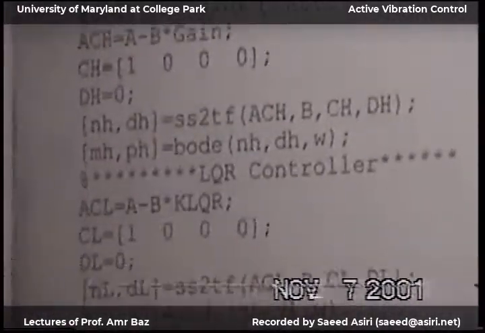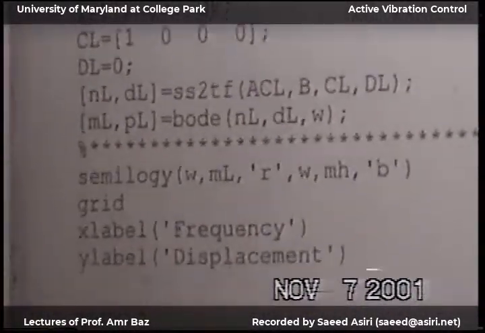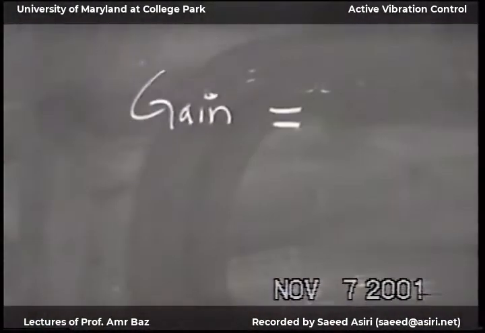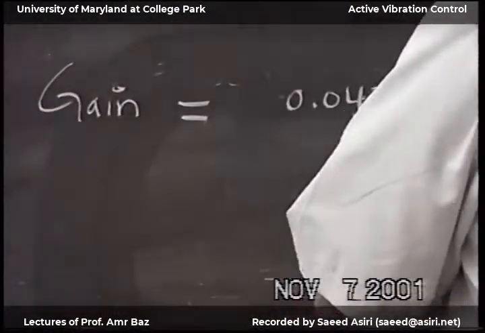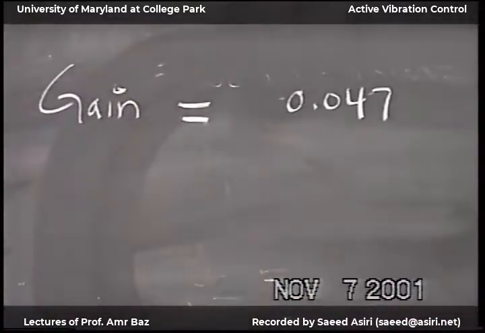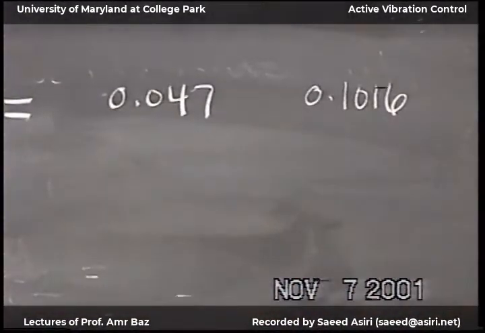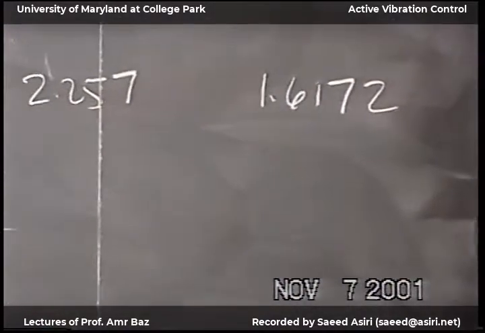Then the gain will be 0.047, 0.1016, 2.257, 1.617, 2. Okay, now we're done with this case.